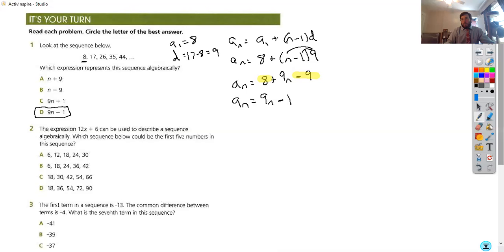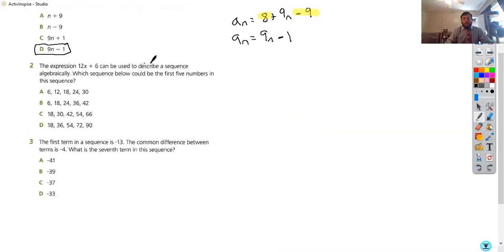All right, the next one here, question 2 says, the expression 12x plus 6 can be used to describe a sequence algebraically. Which sequence could be the first 5 numbers in this sequence? So again, they gave us this formula, right? 12x plus 6. X here is going to be the term. So if we want to find the value of the first term, we're going to substitute in 1, which is the first term, for x, right?